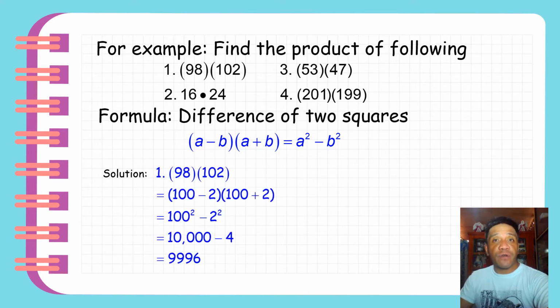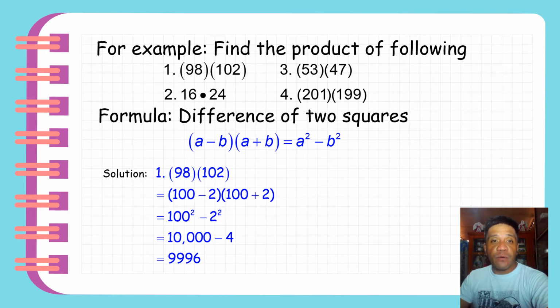Okay, the process for problem number one: we have 98 times 102. How does it become 100 minus 2, the first factor, and 100 plus 2, the other one? Take note that the first factor is 98 and the other factor is 102. If we add both, we come up with 200.